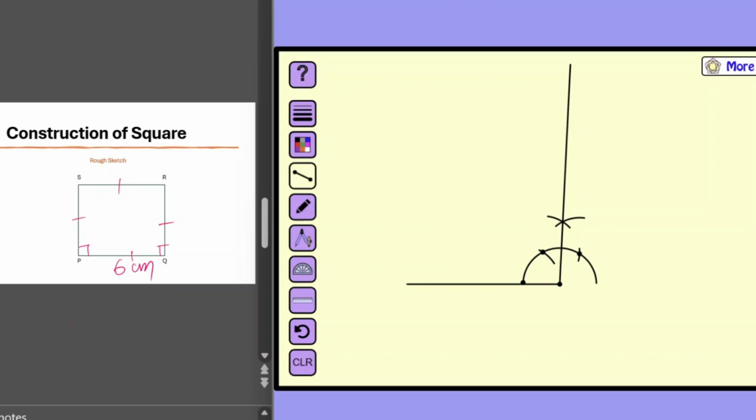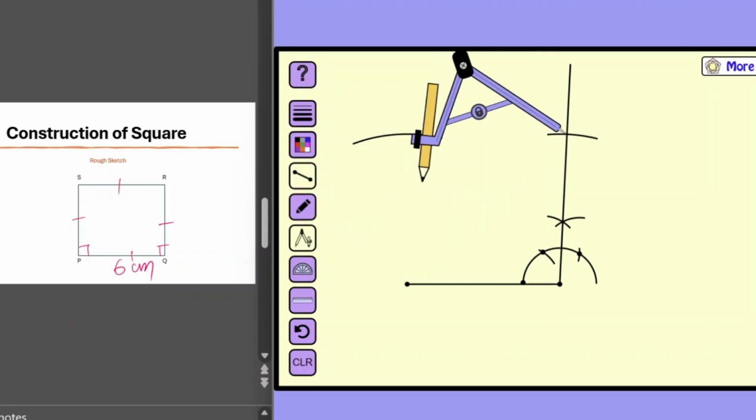We know all sides of a square are equal in length, so I have to make an arc of radius 6 cm in my compass, which is equal to line segment PQ. So I'll not be using any ruler here, and I'll mark point R. We know point S is also at 6 cm distance from point P and point R, so I'll put my compass at point P and make an arc in this region.